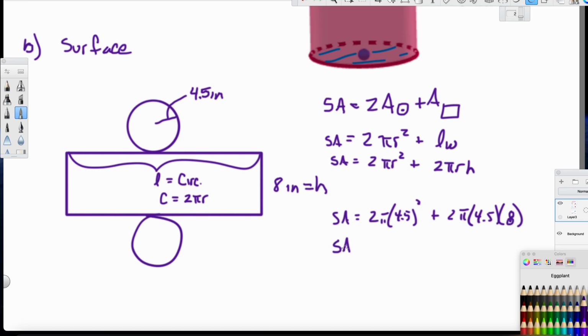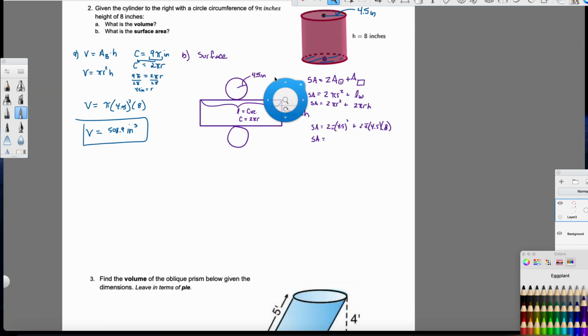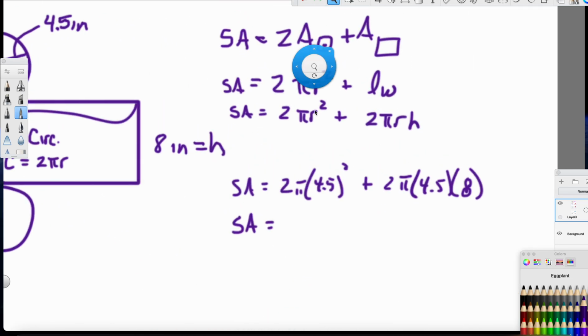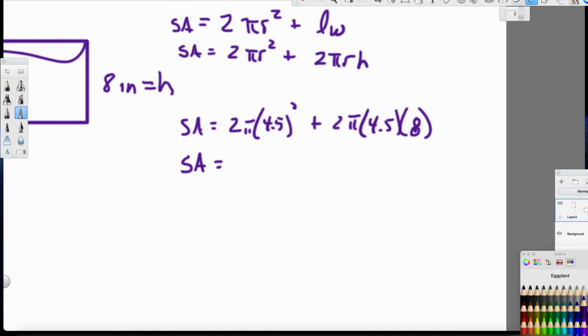Okay? And now I'm going to go to the calculator, and we're going to round this to the nearest tenth, right. Okay, so 2 pi 4.5 squared plus 2 pi times 4.5 times 8.